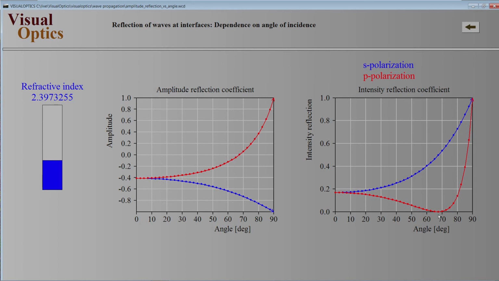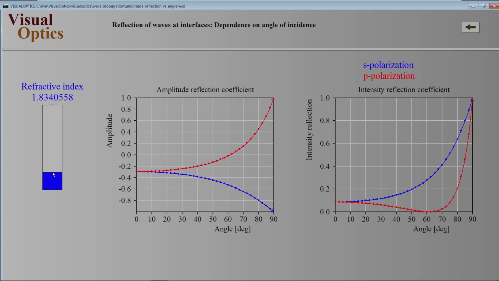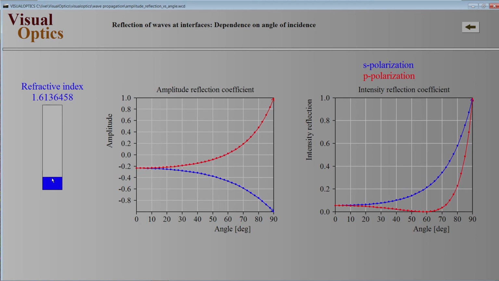This special angle here, where the intensity reflectance gets 0, is called Brewster angle, and it's directly related to the refractive index of the material that we are looking at. So if I change the refractive index, let's say to 1.5, typical for glass, you can see that the Brewster angle gets smaller values, something like 55, 56 degrees.